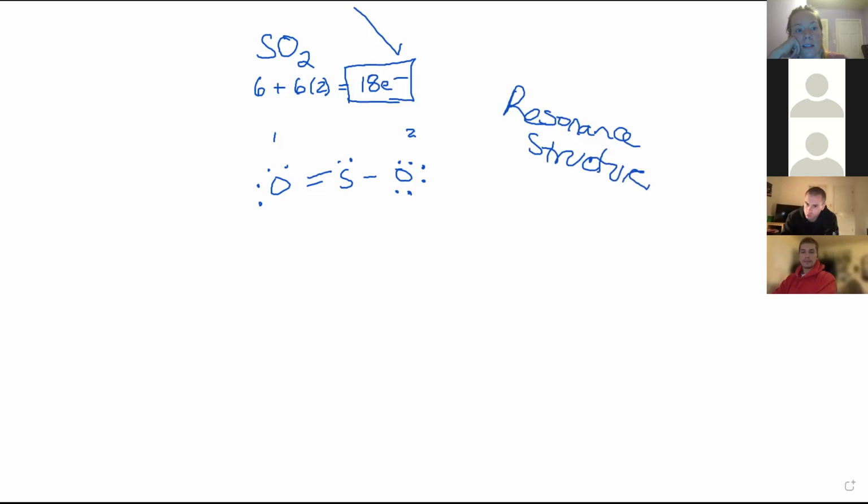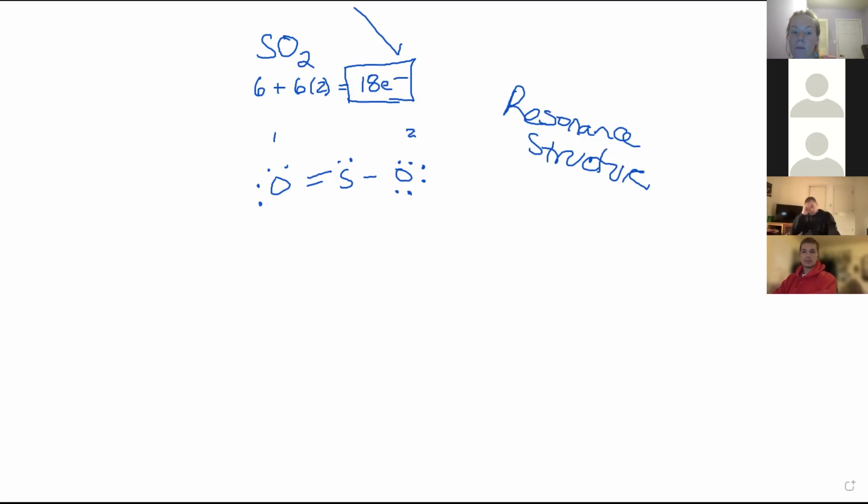Okay, resonance structure. And they have a much neater picture here in the slides. I'll show you guys here. So we've got our SO2. And they made the double bond off the second oxygen. You could make it off the first. They're sort of existing simultaneously.